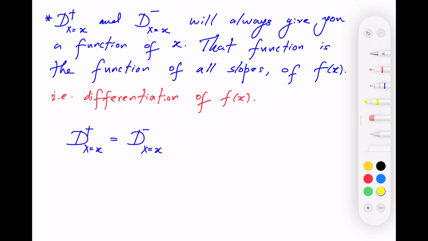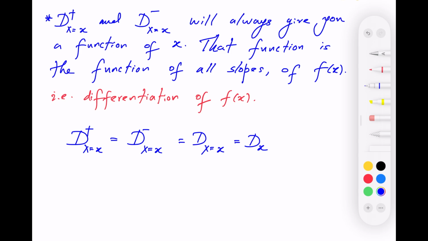And because of that equality, we don't need to specify that it is plus or minus. We can simply write it as just d x equals x. And some people simply write it as d subscript lowercase x.